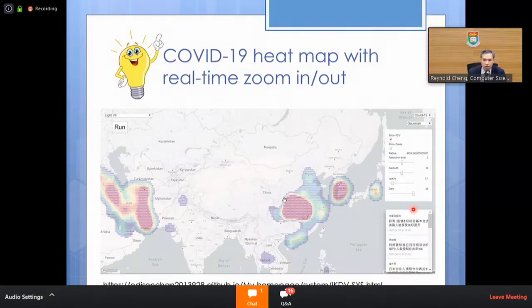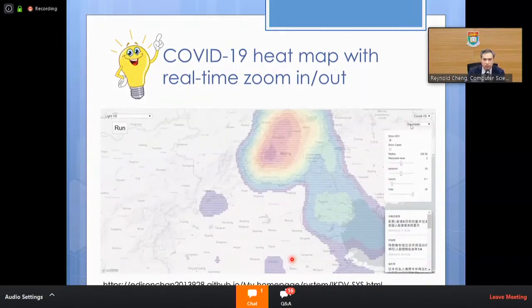Here we also show the news stream, which can be shown to the user. One prominent feature of our application is that we can easily zoom into the cities, or even the street levels, to view the occurrence or the density of these confirmed cases.